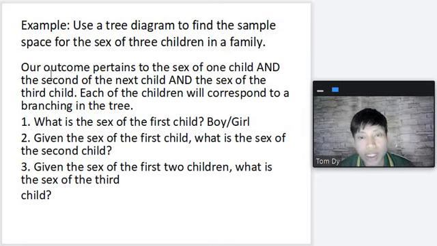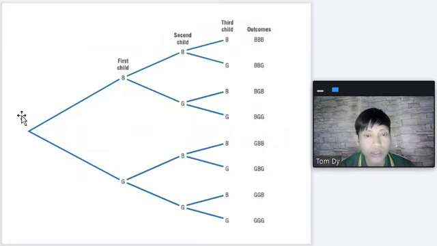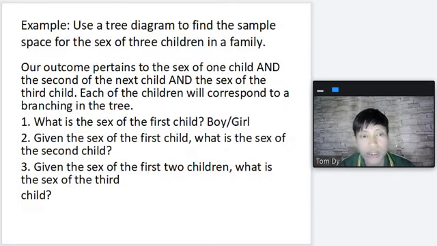So, here is the question that relates to our example. What is the sex of the first child? Is it boy or girl? Then next, given the sex of the first child, what is the sex of the second child?